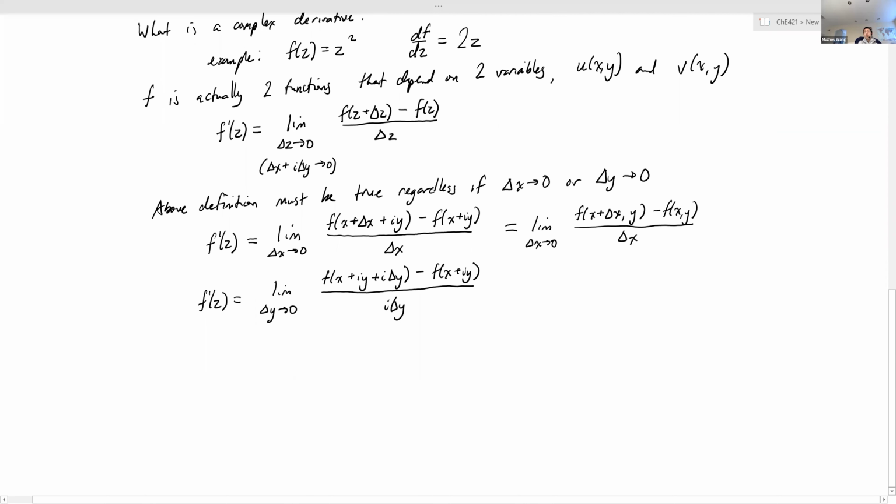Remember, a complex function is basically two functions as a function of two variables, right? And those two variables are the real component and the imaginary component. In this case, the real component is x plus delta x, and the imaginary component is y. So that's why I get x plus delta x and y, right?